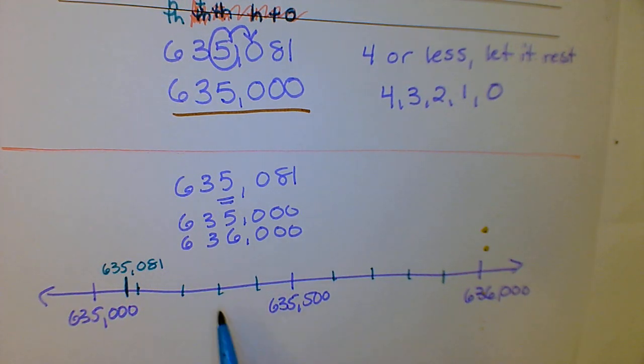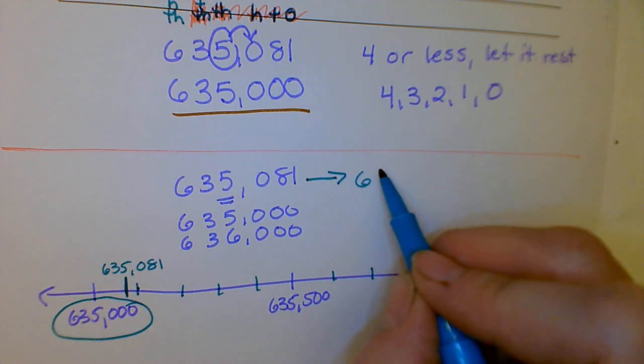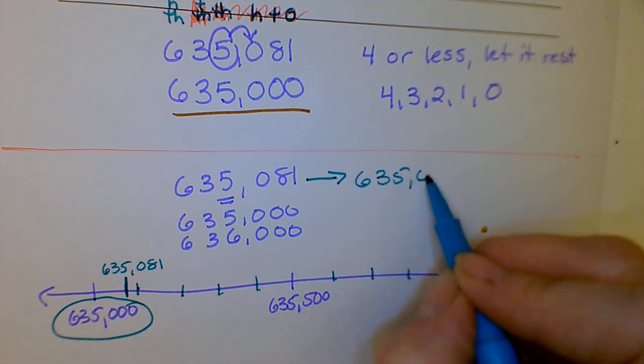And what you see is that it has not made it past the halfway mark, the 635,500, because half of 1,000 is 500. It hasn't made it up to 636,000. It is much, much closer to 635,000. So that's why we would say that it rounds to 635,000.